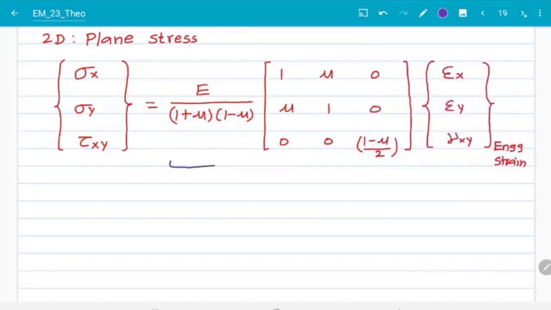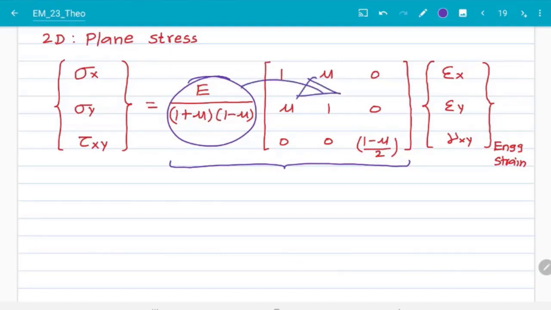From here to here, actually, it will become a single number. E by 1 plus mu into 1 minus mu will become a single number. If you multiply this number inside the matrix, you will get a 3 cross 3 matrix.